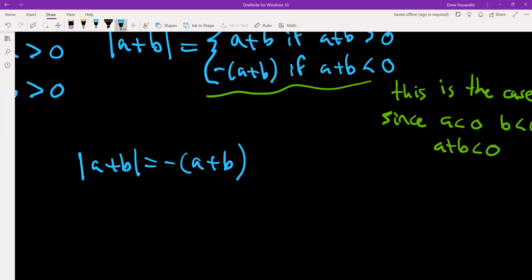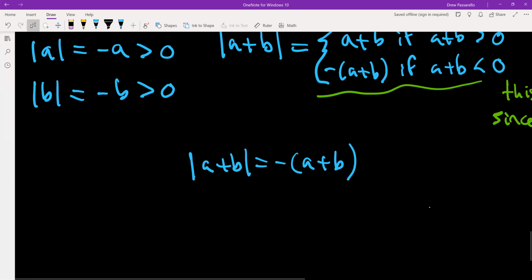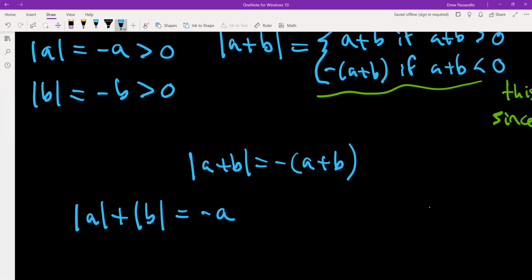All right, now the absolute value of a plus absolute value of b. Absolute value of a is negative a. Absolute value of b is negative b. So this will be negative a plus negative b. And we can factor the negative, so that'll be negative times a plus b.